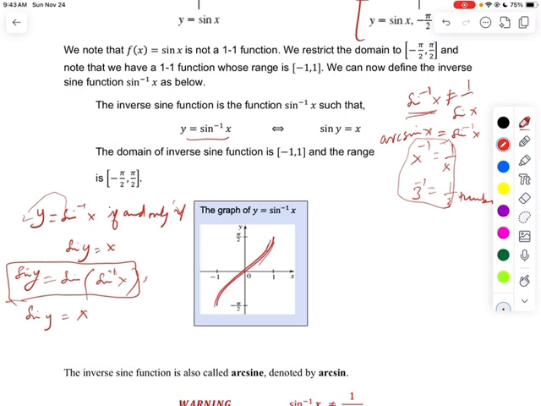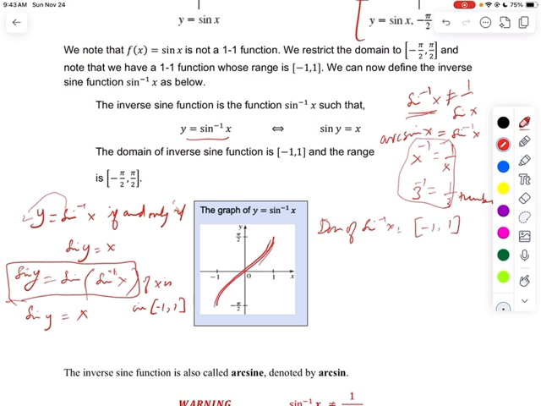So arc sine x is the same thing as sine inverse x. Anyhow, when we define the inverse function, the graph of the inverse function will look like this, but you are not responsible for knowing the graph. What you should know is the domain and the range of the inverse function.